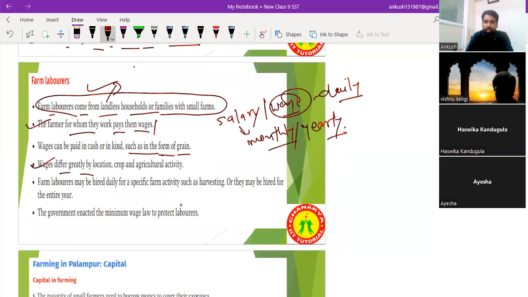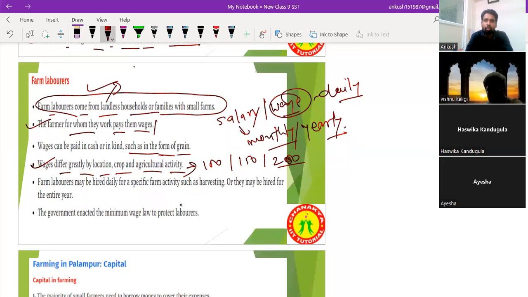Wages differ greatly by location, crop, and agricultural activity. Differ in the sense that some people may get 100 rupees, some 150, or some 200 rupees per day as their wages.